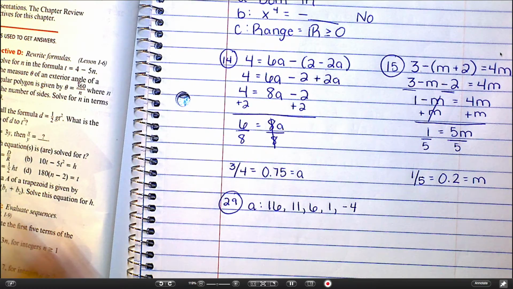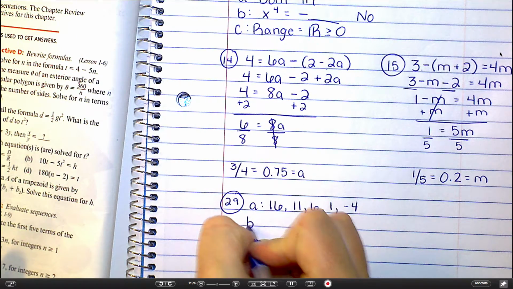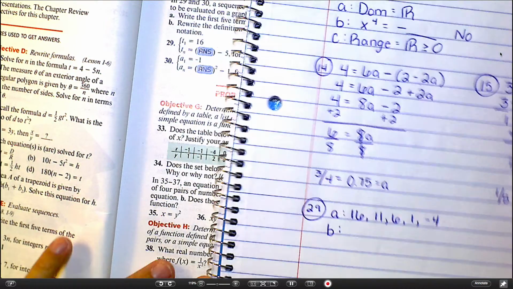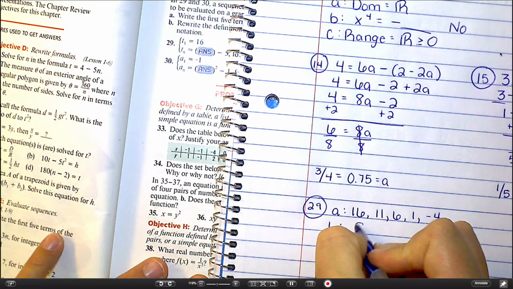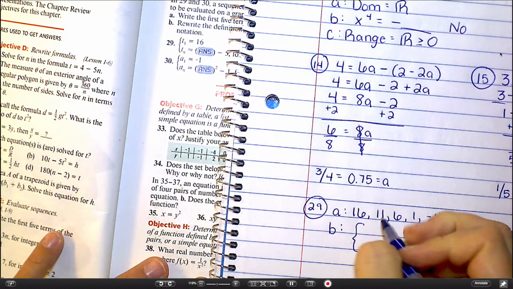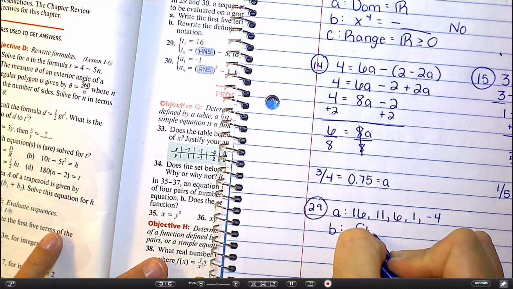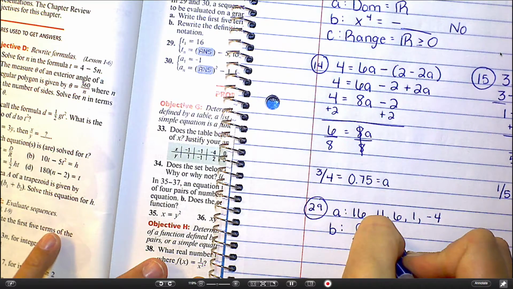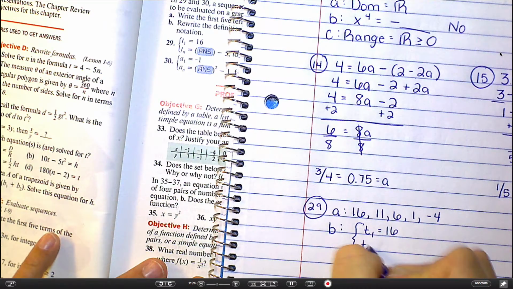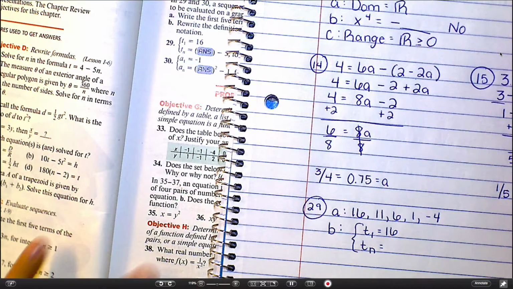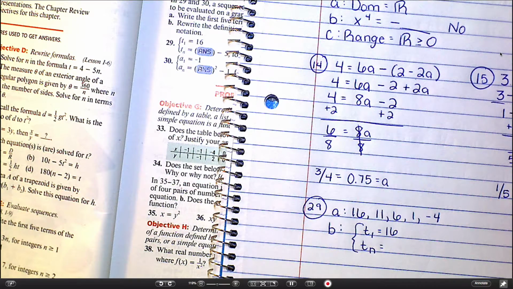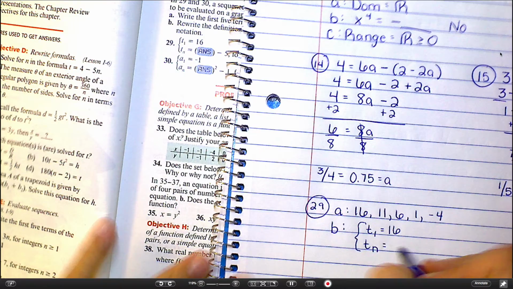And then it wants you to rewrite that same thing in recursive form. Okay? So recursive form, that first piece is okay, right? Saying T1 equals 16. And then for the second part, Tn, what would I replace that ANS with? Yeah, it's just using that notation.